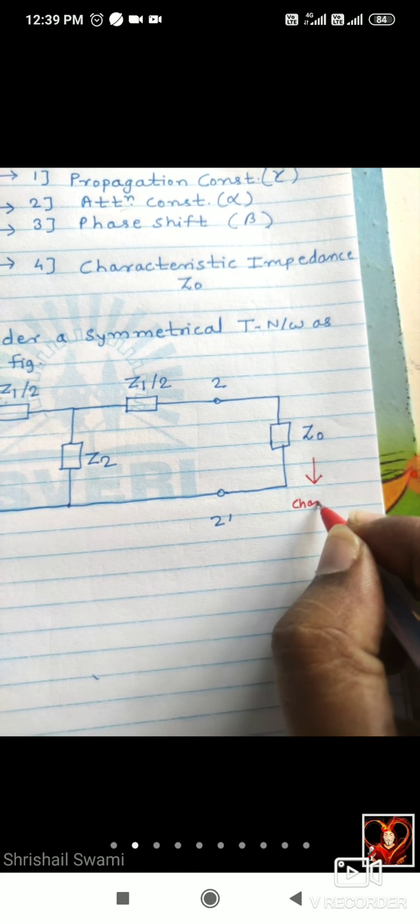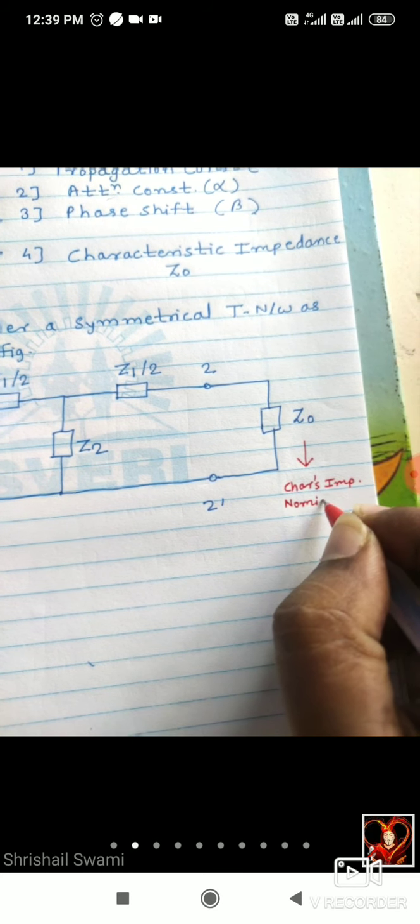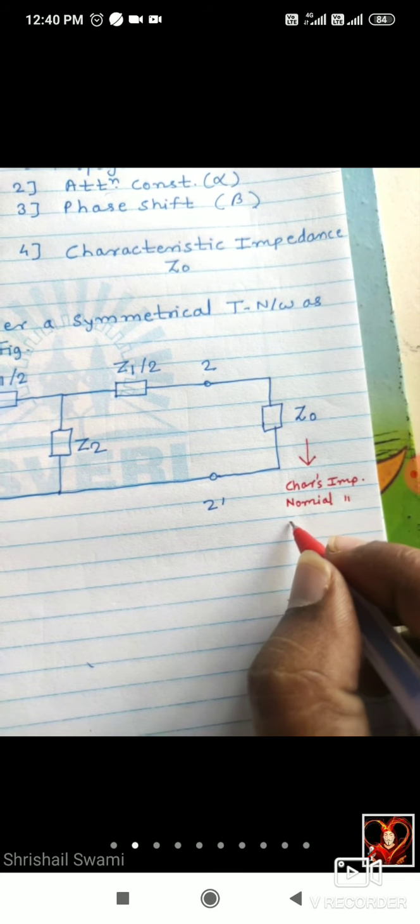So what is Z0? We can call it characteristic impedance, nominal impedance, or load impedance, all having the same meaning, that is Z0.